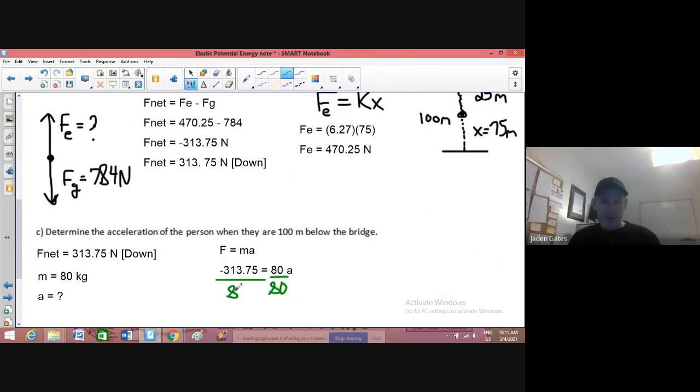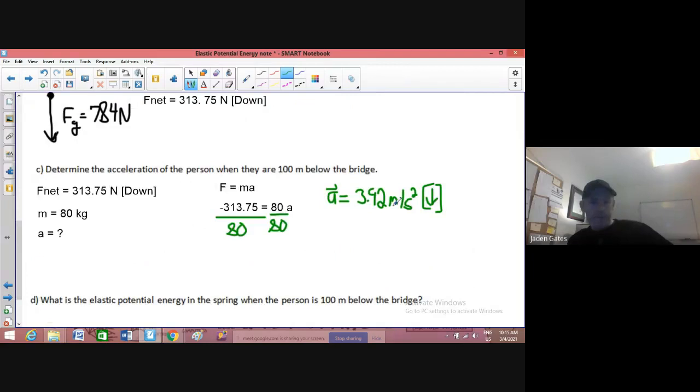And as you can see, I'm clearly going to get a negative answer here, which means my acceleration is down, which makes sense because I just jumped off a bridge with a bungee cord. I'm still accelerating downwards. And so the answer is going to be negative 3.92 meters per second squared. But because it's negative, all that means is that I'm still accelerating downwards. Not at the same rate as if I jumped off with no bungee cord, but it's still accelerating downwards.